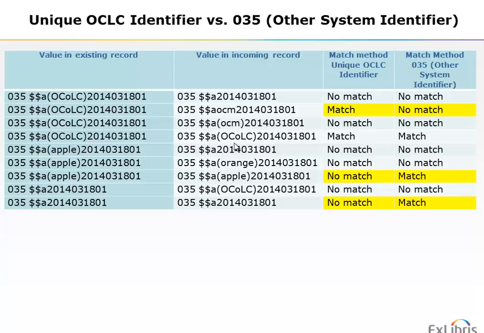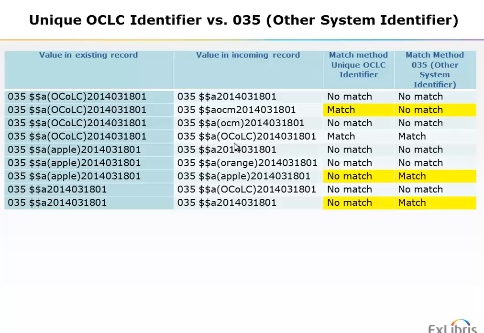these three different cases. The first case, in the second row, is when the prefix of the 035 subfield A of the incoming record is different from the existing record. Because they're different, the general 035 other system identifier match method identifies these records as not matching.